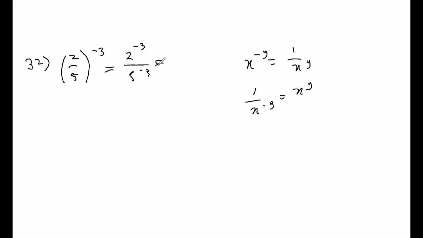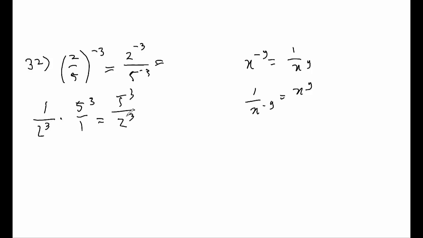So that's going to be equal to 1 over 2 to the 3, and then the 5 to the negative 3, I'm going to move that upstairs and make that 5 to the third. And I'll just put a 1 as a place mark to show you exactly what's going on. And then I'm going to do 1 times 5 to the third. So I have 5 to the third, and then 2 to the third times 1, and then I get 2 to the third.